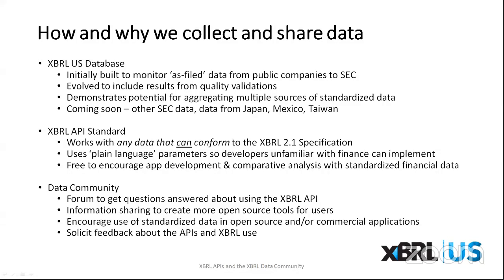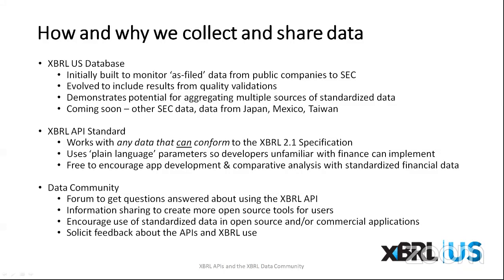So many years ago, XBRL US decided to store filing information in a manner that would make analysis easier. We built what we call the XBRL US database. Initially, it was designed to hold all filing information published by the SEC since 2008.